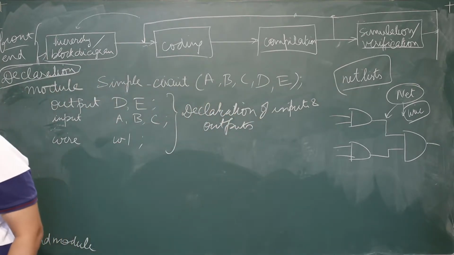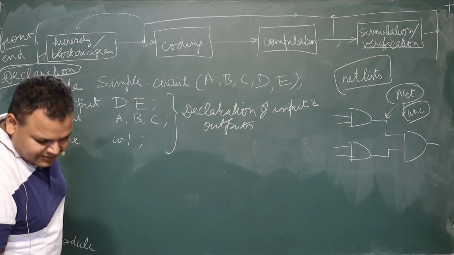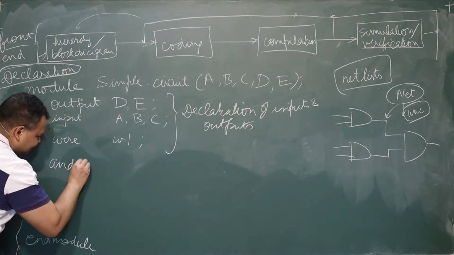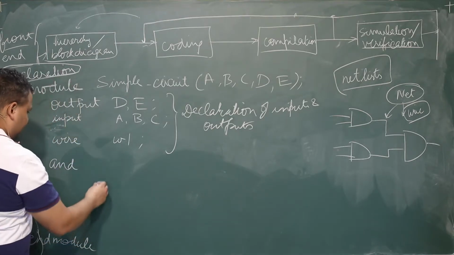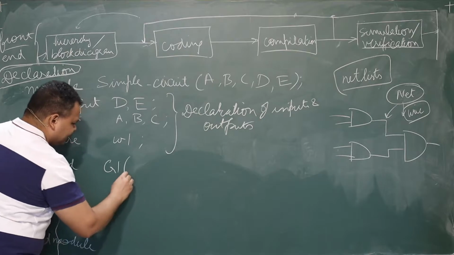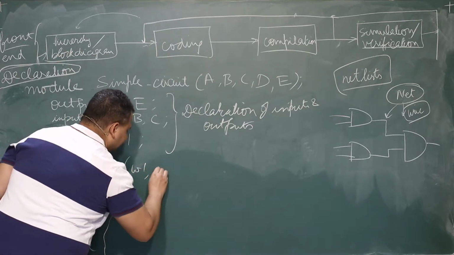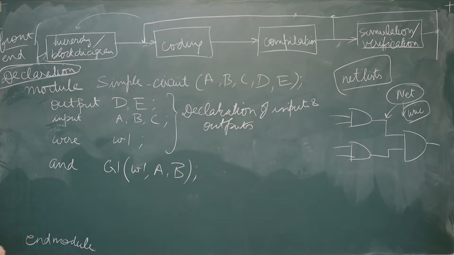Now we are going to connect these. How are we connecting them? We have an AND gate, where we are assigning the name G1, W1, A and B. I'll go into the syntax in a moment.